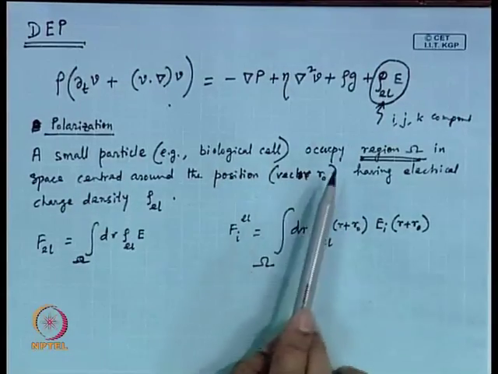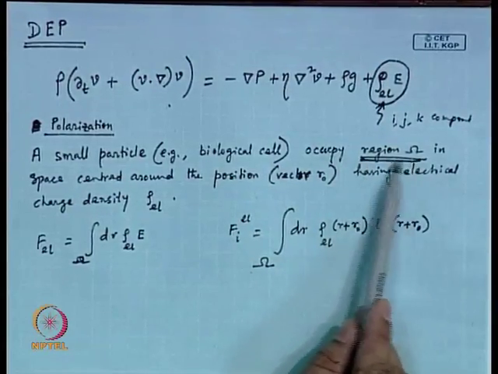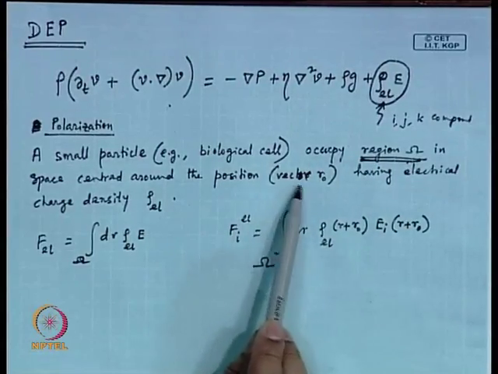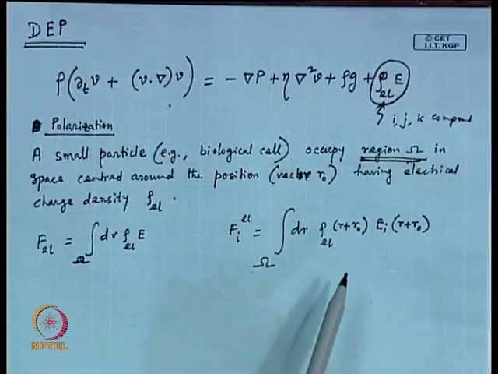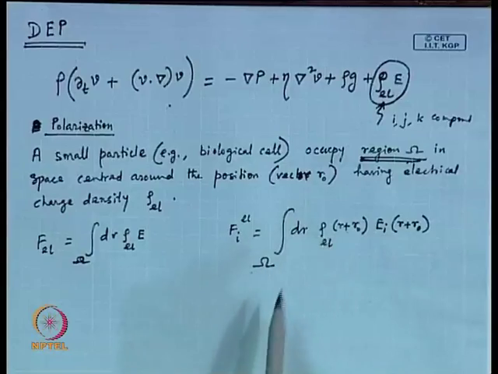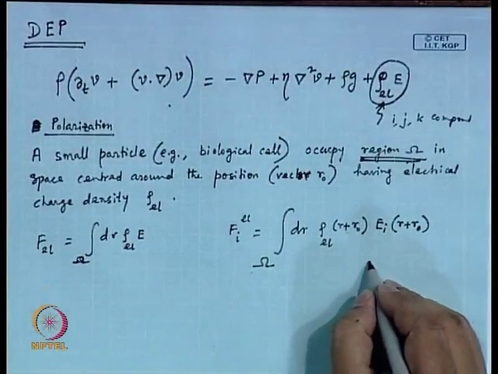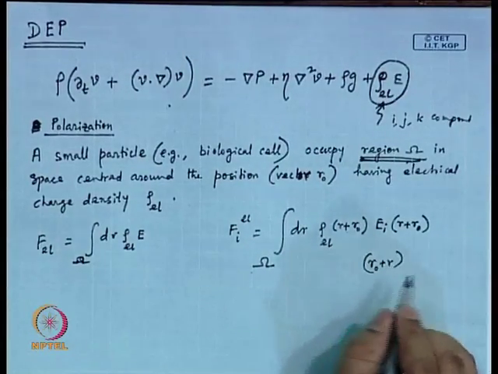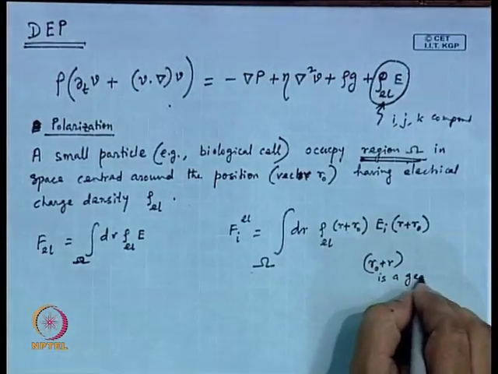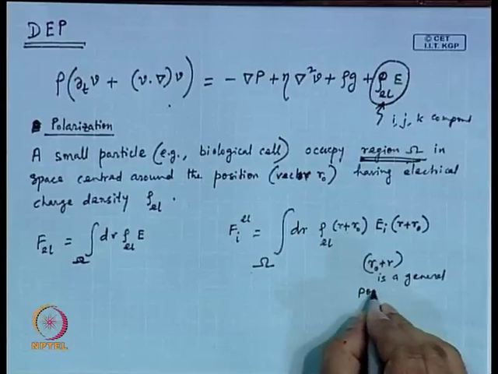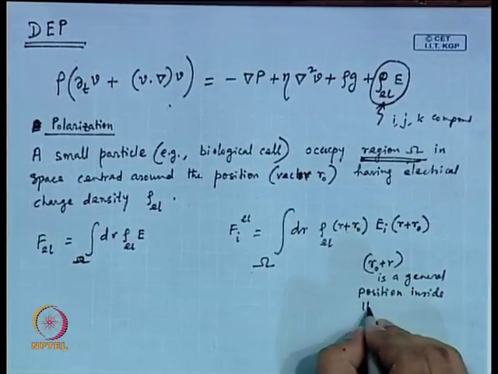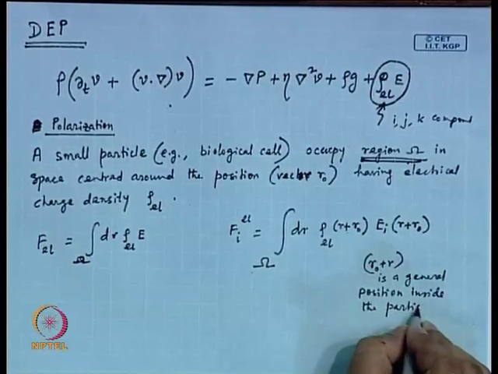So, you have a particle occupying a region omega, which is something new here. It is occupying a region omega around the position vector r0, so for all such points around r0, what is r0 plus r? This is a general position inside the particle, inside that biological cell.